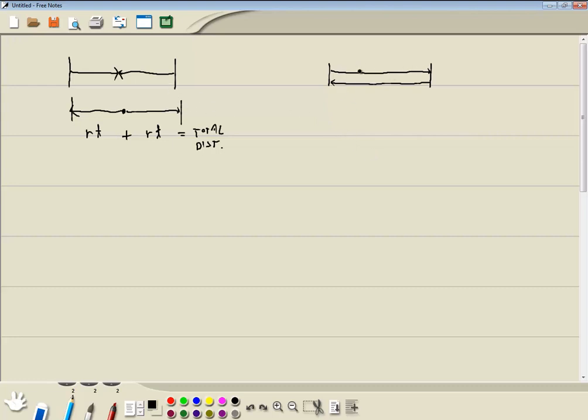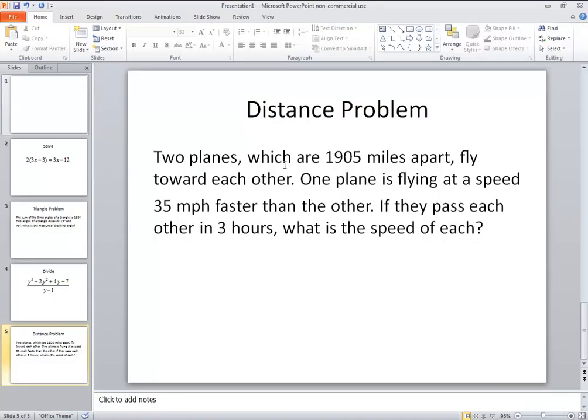These are where we're looking at that same distance. You could have one plane leaves at a certain time and another plane leaves later, and you're wondering when are they going to achieve the same distance. Now here we're going to add them, and there's other variations of this, but this type is where you set this distance equal to this distance, or this rate times time is equal to this rate times time. Now there's other ones too, but those are two main ones for distance.